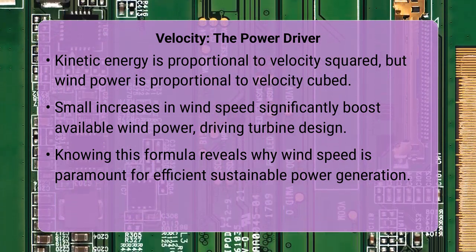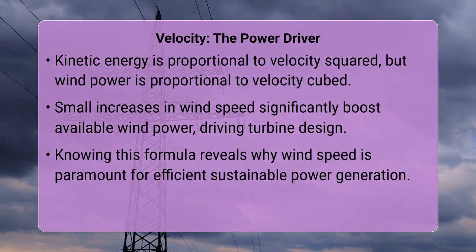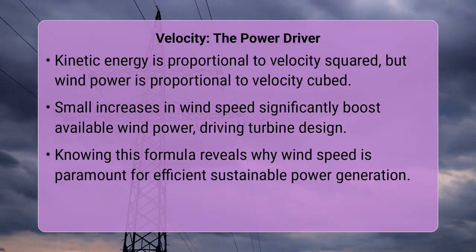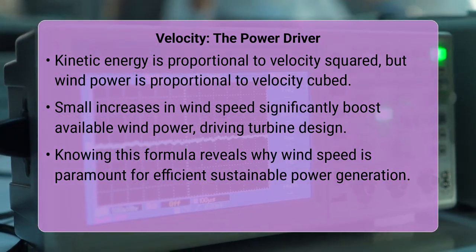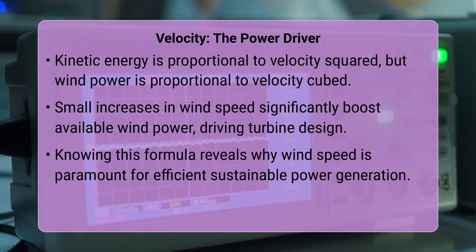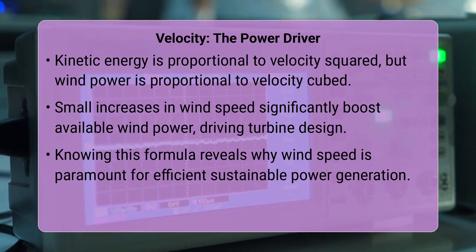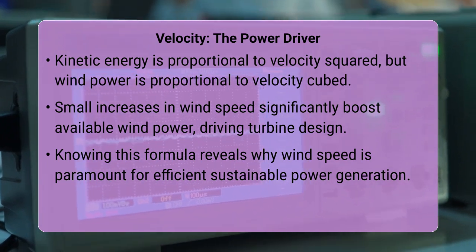This cubic relationship is why even small increases in wind speed lead to significant gains in available wind power, making accurate wind speed measurement absolutely critical for site selection and turbine design.